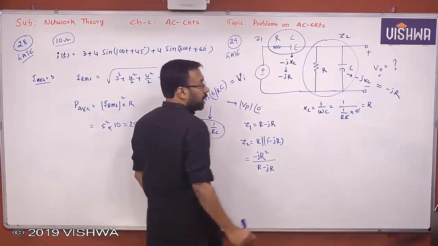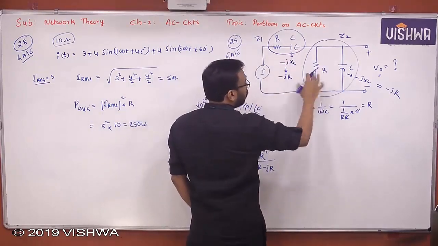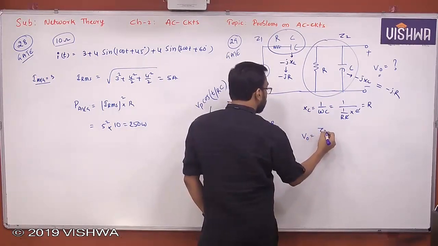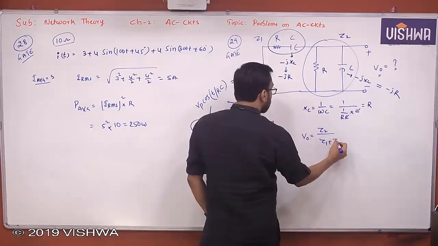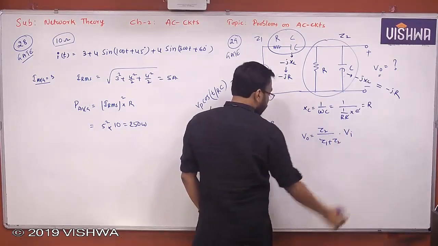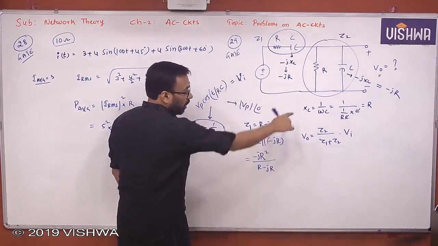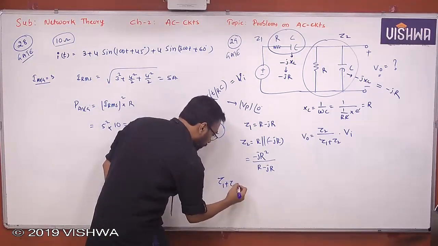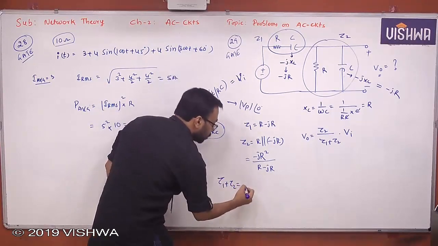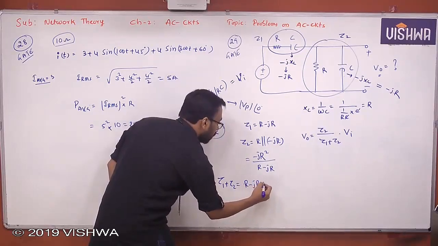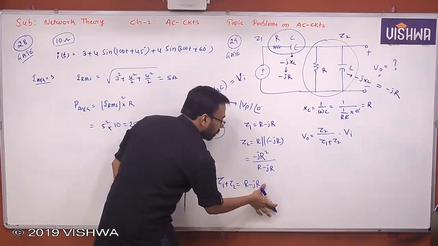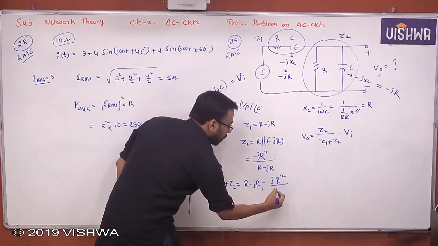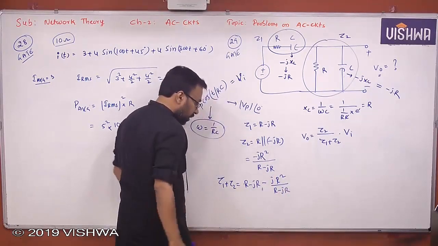Clear? Now, what is Vi? It gets divided into two parts. Voltage division rule I can apply. So, V naught is nothing but Z2 by Z1 plus Z2 into Vi. Clear? So, you require definitely Z1 plus Z2 in the denominator. Let us try to find what is Z1 plus Z2. You add these two. So, R minus jR, you get minus jR square by R minus jR. So what you'll get here?